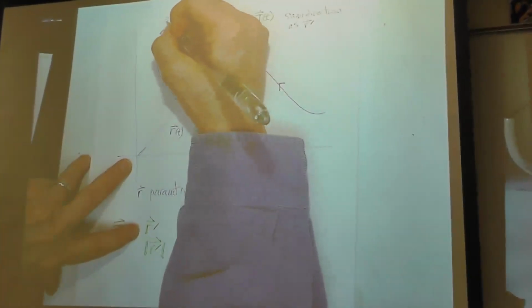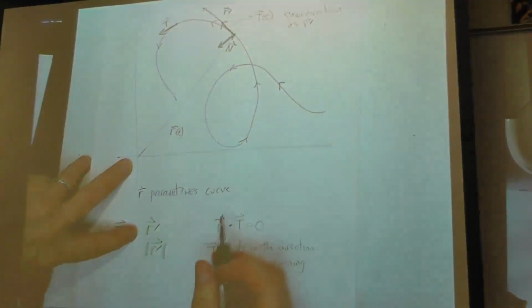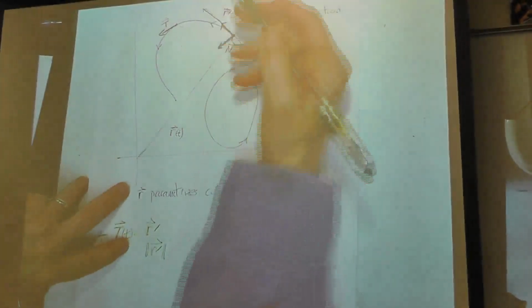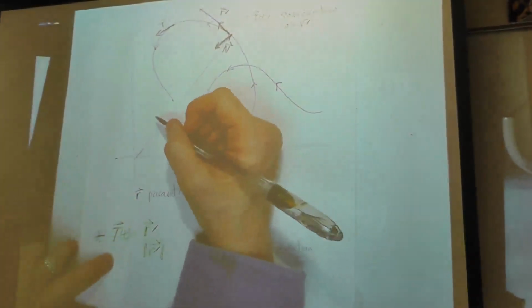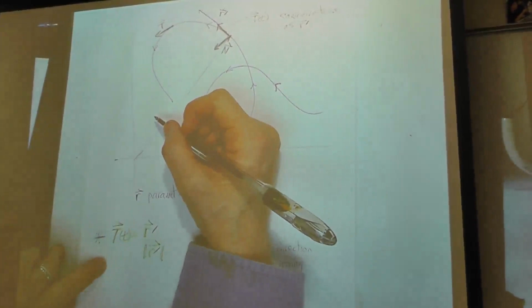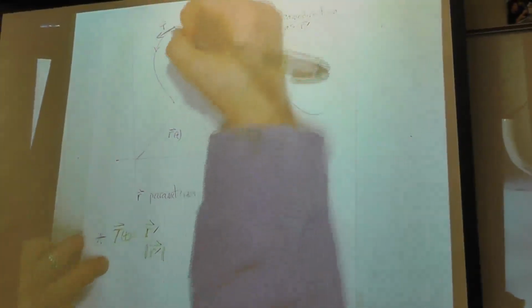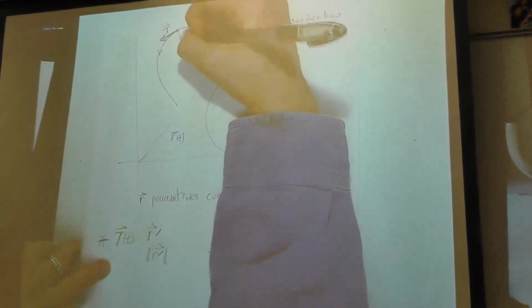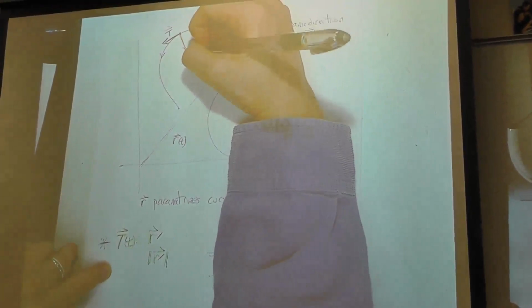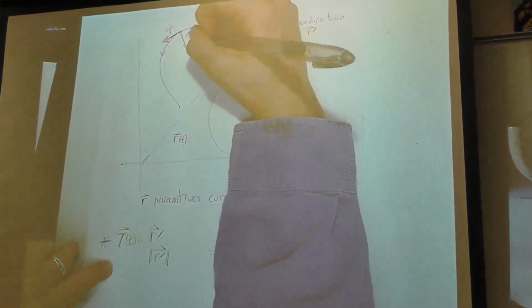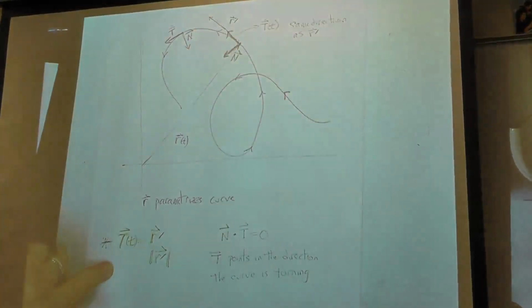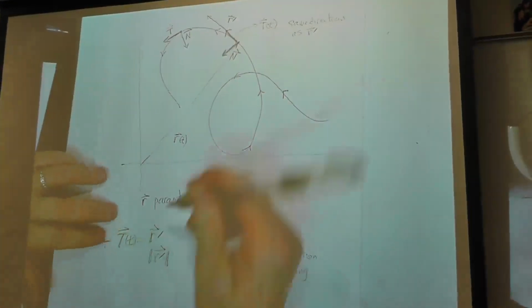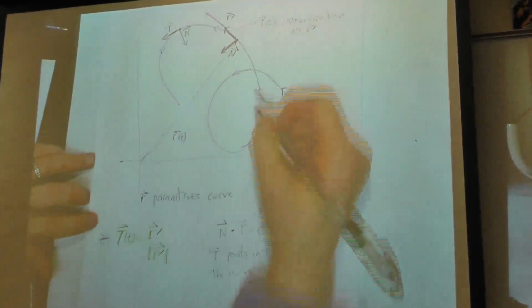And N is going to point in the direction, kind of in the concave down direction. And it's going to look like this. So is N always going to point within the curve? Yeah, it's always going to point to the inside.